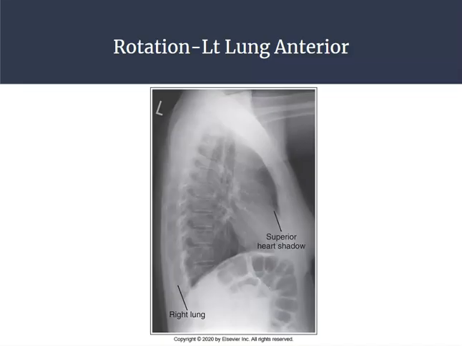When the heart shadow extends beyond the sternum, as it does in this case, that should let you know that the left lung is positioned anterior. It is also important to note that it is most common to see that on a rotated lateral chest projection for the left lung to be rotated anterior and the right lung to be rotated posteriorly.